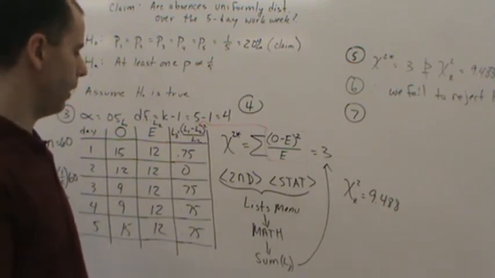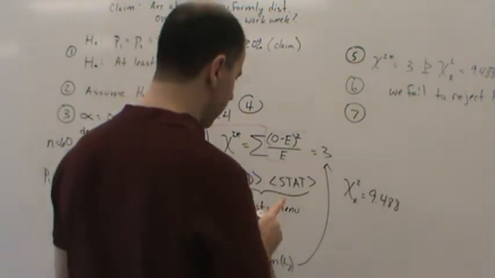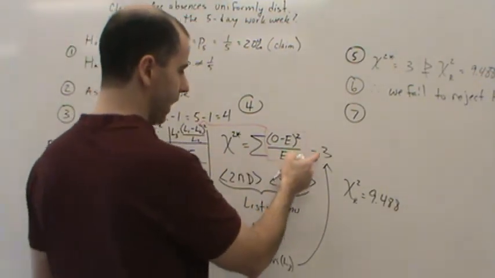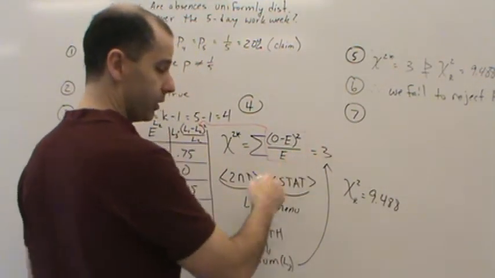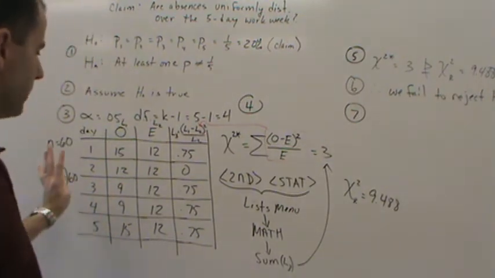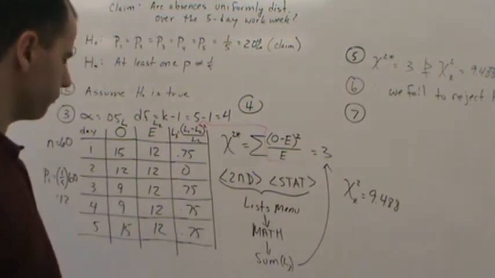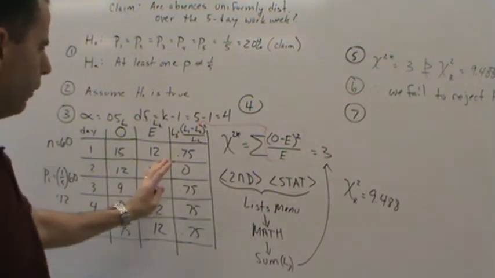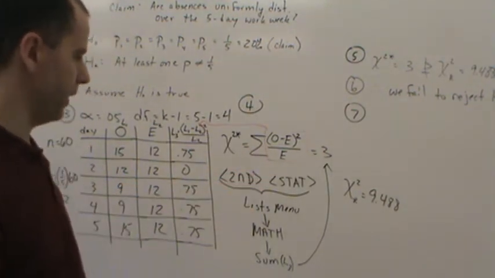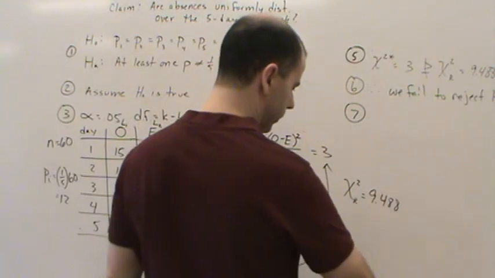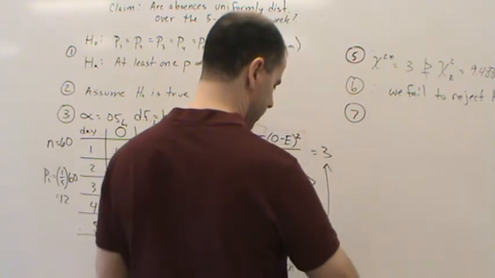Okay? So now the p-value method, we still have to calculate our test statistics. We can't get around doing this when we do the p-value method. So the only thing we don't have to do is look at the chi-squared table.